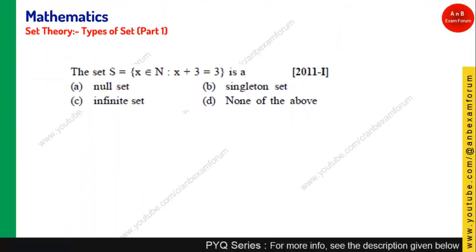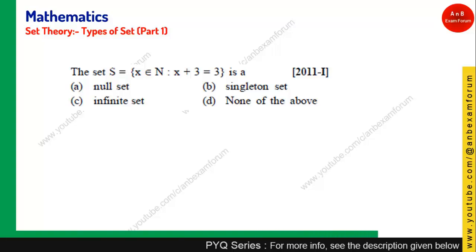Let's see the next question. Which of the following is the null set S? Just solve it. x belongs to N is what? Natural number. These notations are very important. We have already seen several notations in our theory video. I again recommend you to watch those videos. So x plus 3 equal to 3.